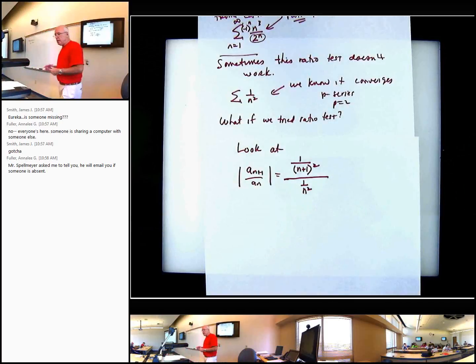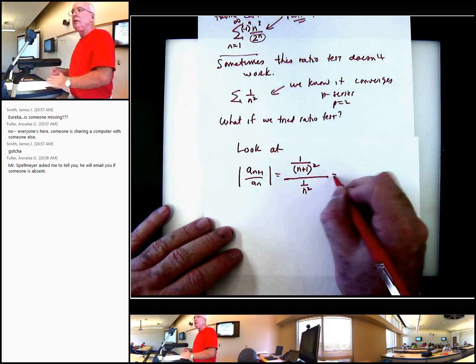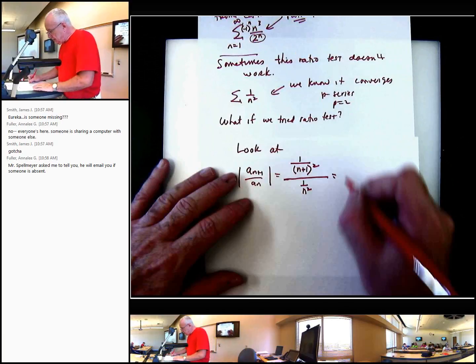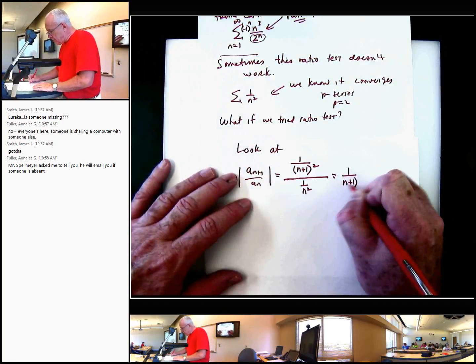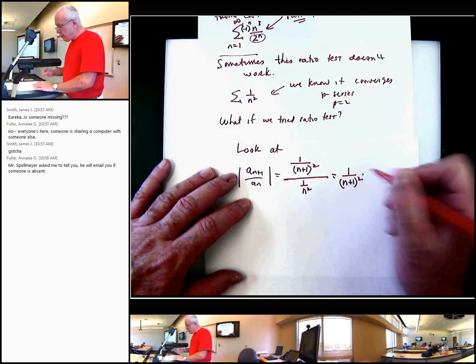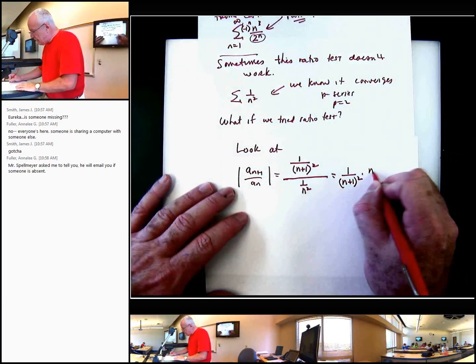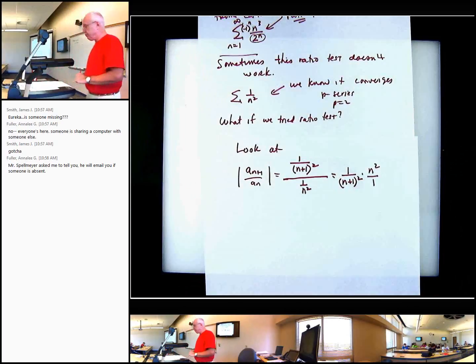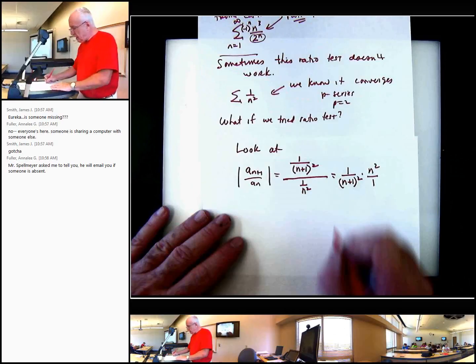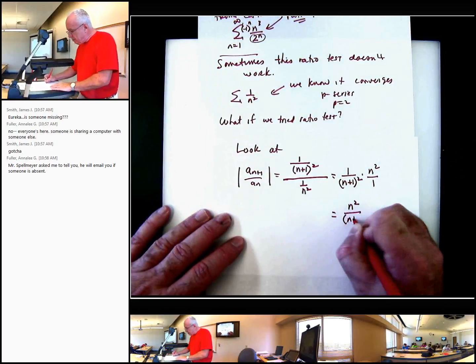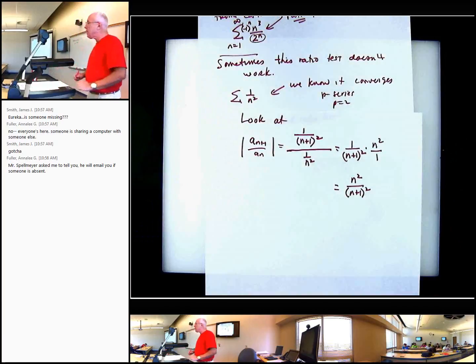So we have to use that n plus 1 instead of n. This one isn't nearly as ugly as a couple of the ones that we've looked at already. So this simplifies to 1 over n plus 1 in parentheses squared times the reciprocal of the bottom one, so times n squared over 1.